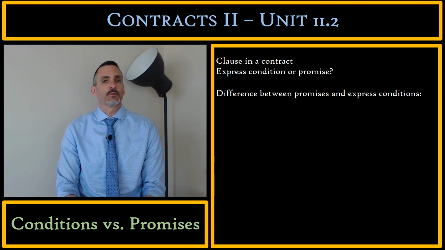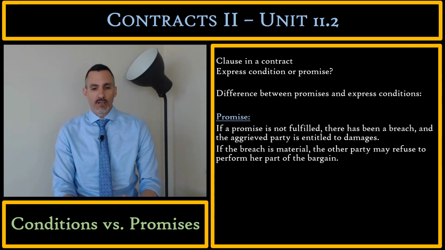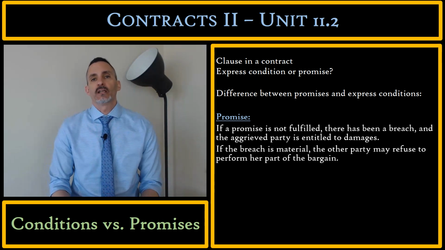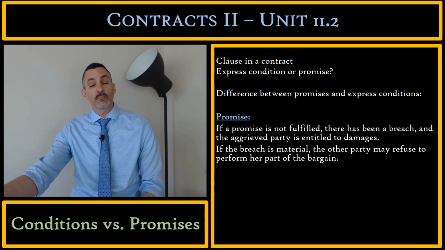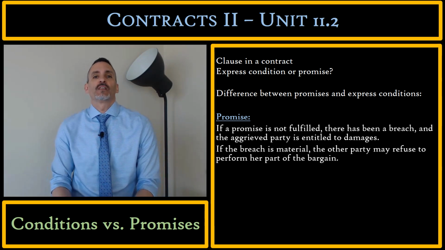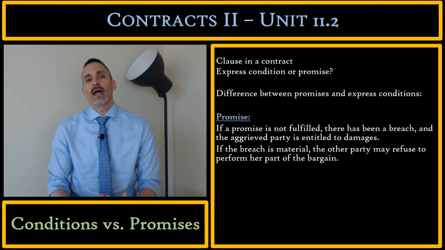What is the difference between an express condition and a promise? Well, if a promise is not fulfilled, the party has breached her promise. The other party can sue for that breach. The non-breaching party can sue the breaching party for that breach.